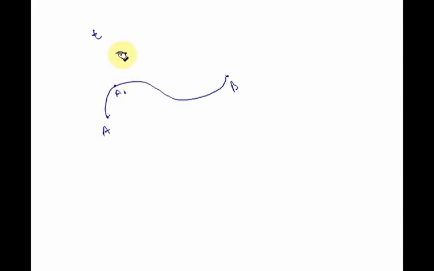So to find the instantaneous speed at this instant, what we'll do is take the object's position at time t plus delta t, and let's suppose that at this instant the object is at B1. So as you can see, if we keep delta t very small, then the length of A1 B1 would be very small, and even if it's on a curve, we can approximate the segment A1 B1 as a straight line segment.